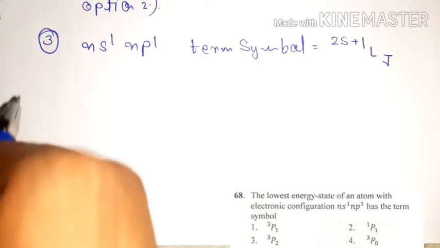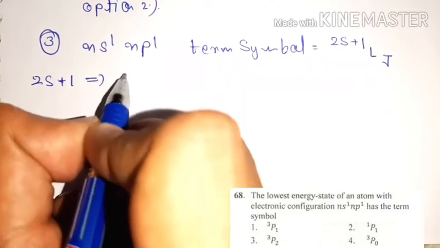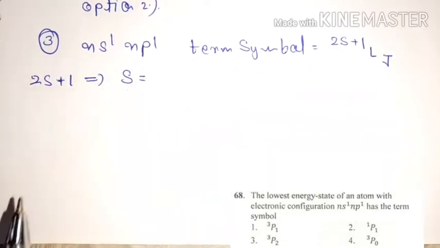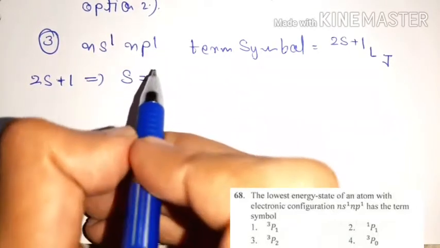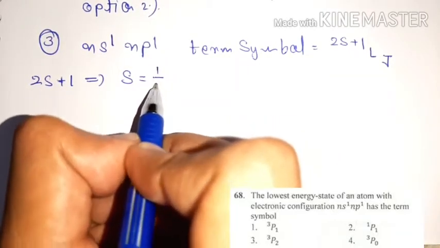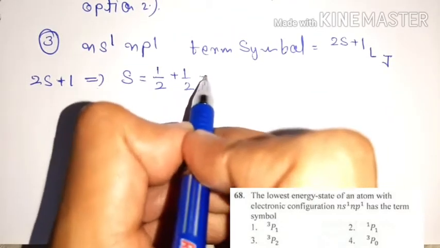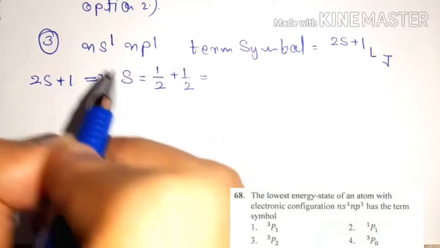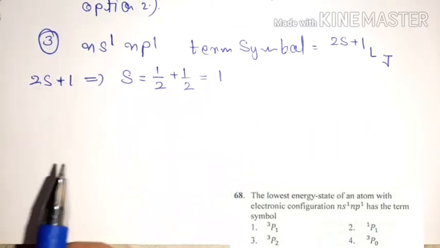First of all we must find the value of 2S plus 1, and for that we must first find the spin multiplicity. Here you see that in the given electronic configuration we have 2 unpaired electrons, that is ns1 and np1. So add the spin of both these electrons, that is plus half and plus half. When we add the spins of these 2 unpaired electrons, it will become 1. So the value of S is 1.